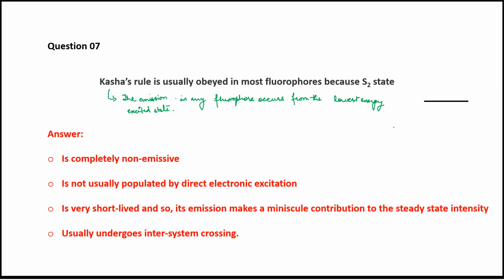In terms of S0, S1 and S2, say this one is the S2 state. Earlier, whatever we had studied, from S1 to S0 the radiative emission happens. Now we can also draw an explanation of how the S2 state can be emissive as well.